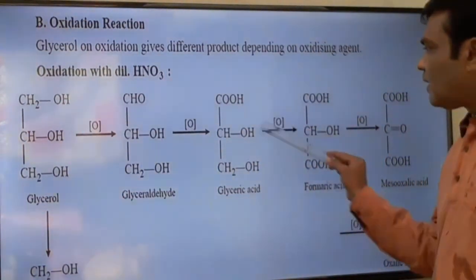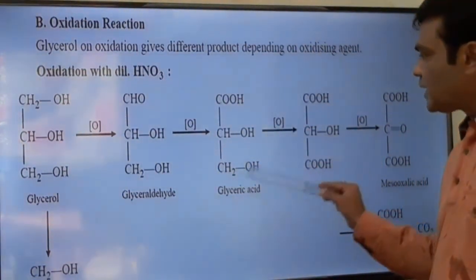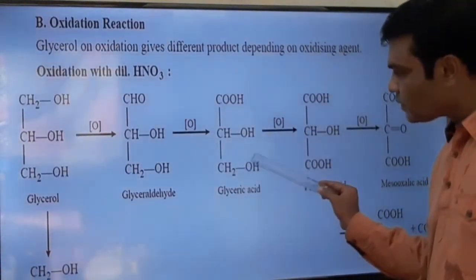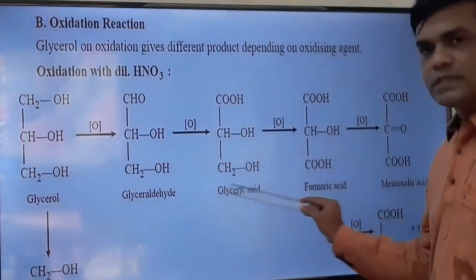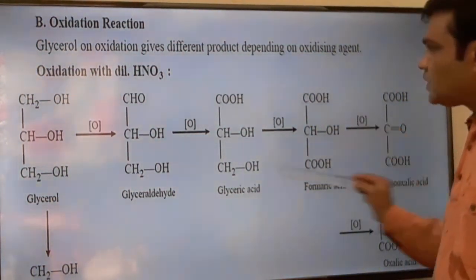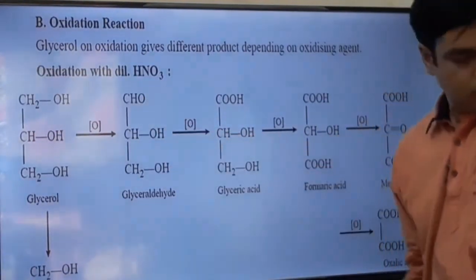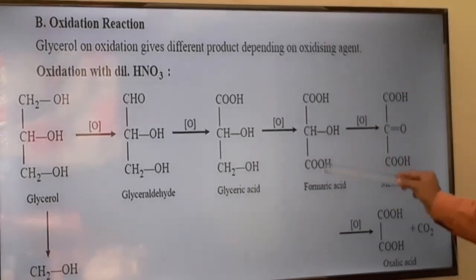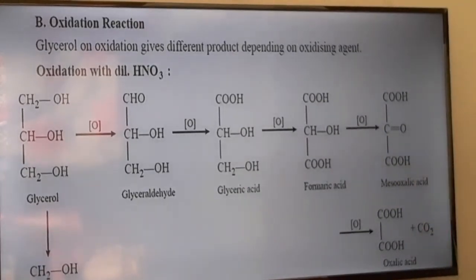The same will happen with the other terminal CH2OH group, that is the primary alcoholic group. CH2OH will oxidize to aldehyde, aldehyde will oxidize to acid. In this way, both the CH2OH groups, that is the terminal or primary alcohol groups, are oxidized to carboxylic acid, and we get this dicarboxylic acid.